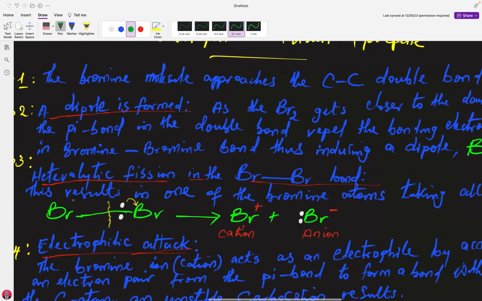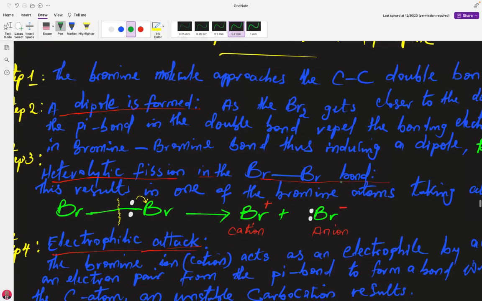Heterolytic fission in the bromine bond. What happens is that because of the repulsion from the double bond, as the bromine molecule approaches the double bond in the alkene, the double bond is full of electrons.